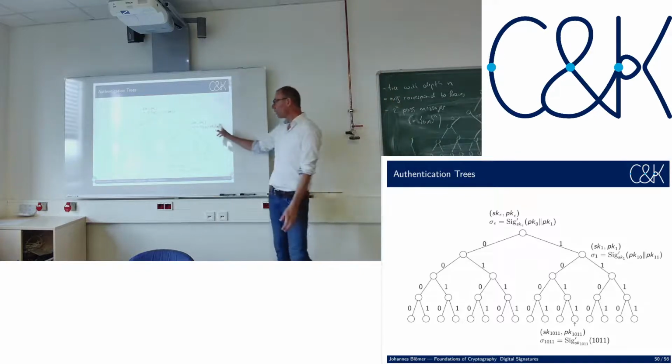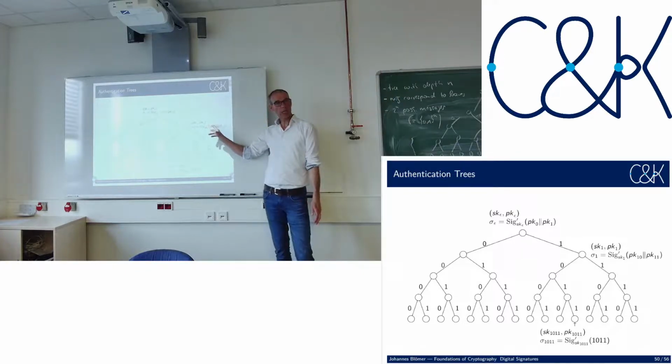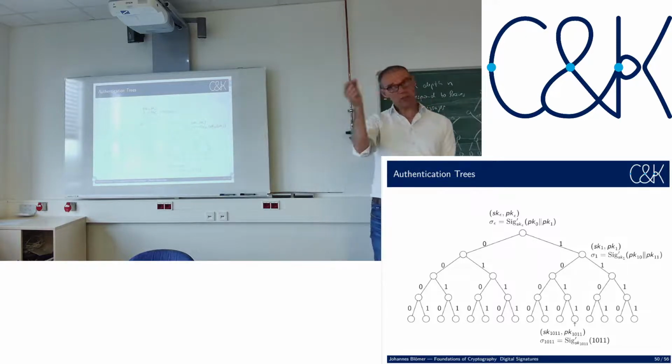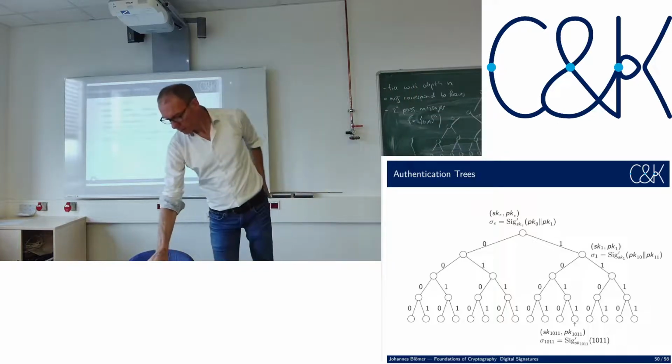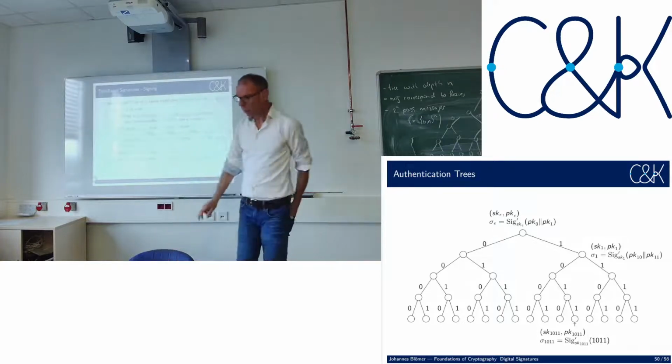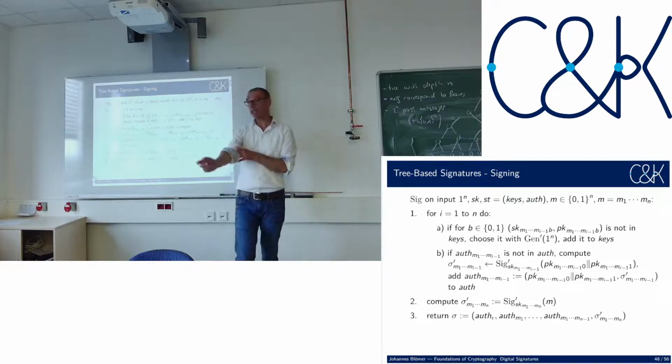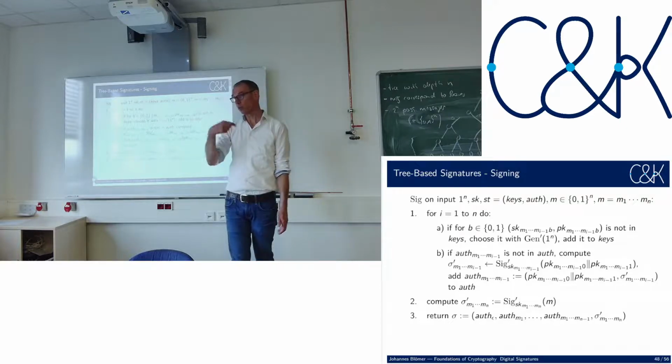Now, instead of remembering the keys directly, I could just remember the randomness that I used in the key generation algorithm to create this key. This is a probabilistic algorithm that gets as input 1 to the n, but internally it uses randomness to generate the keys.